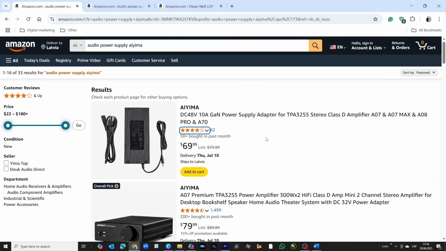Also, you should honestly ask yourself, do you need such power, or is it okay with 48 volts and 5 amps, or 36 volts and 6 amps. If you have a 4 ohm load, then 36 volts 6 amps is a better choice than 48 volts and 5 amps.